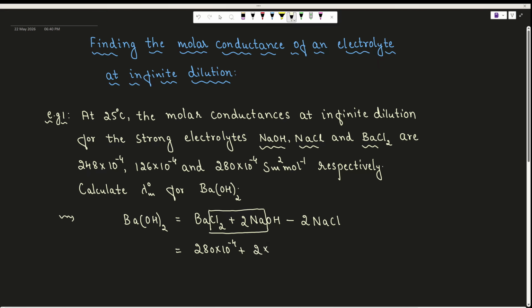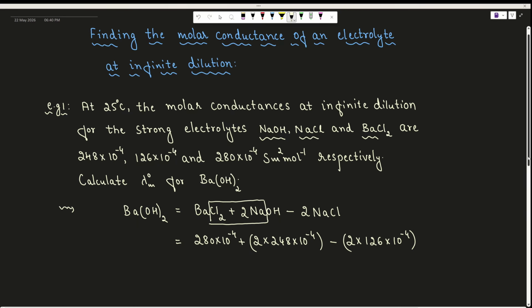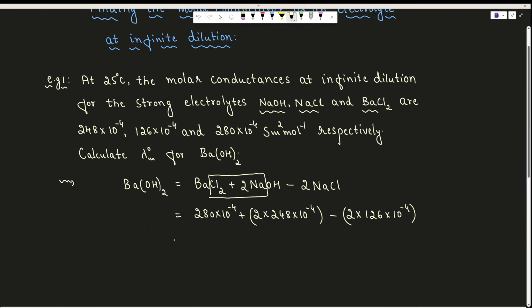So 2 into 248 into 10 power minus 4. So this is the second value. Then minus 2 NaCl. So I have to take 2 into 126 into 10 power minus 4. So like this you can write it very easily, and now you can solve this.